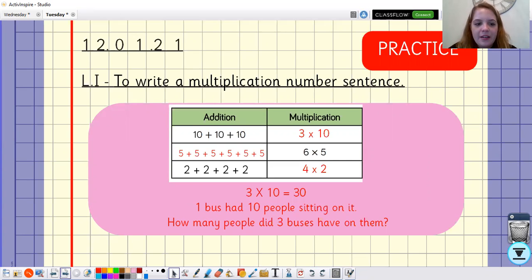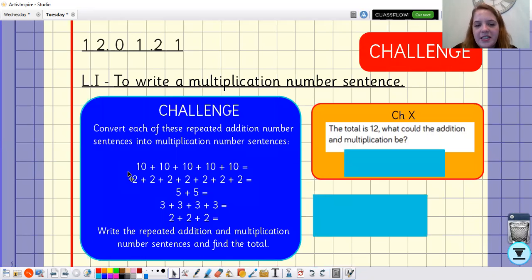Okay, so let's have a look at our task for today. Now, very similar to what we've just done there for the practice, I want you to convert each of these repeated addition number sentences into multiplication number sentences. So as you can see here, we've got these 5 repeated addition number sentences.